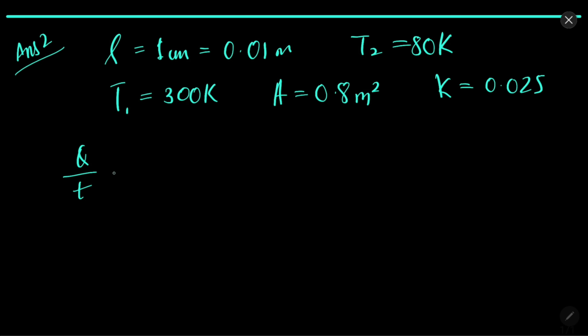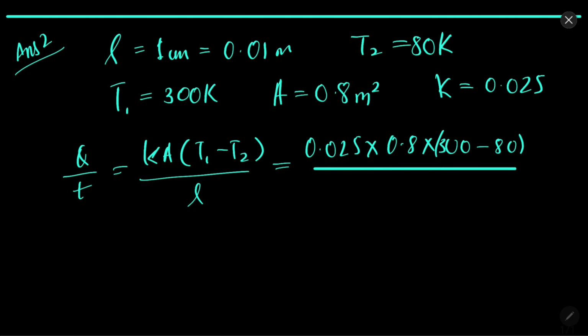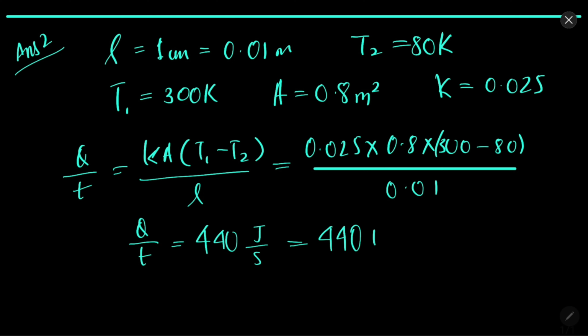So Q over T is equal to Ka T1 minus T2 over L. 0.025 into 0.8 into 300 minus 80 over 0.01. So after solving this we will get 440 joule per second, which can be also written as 440 watts.